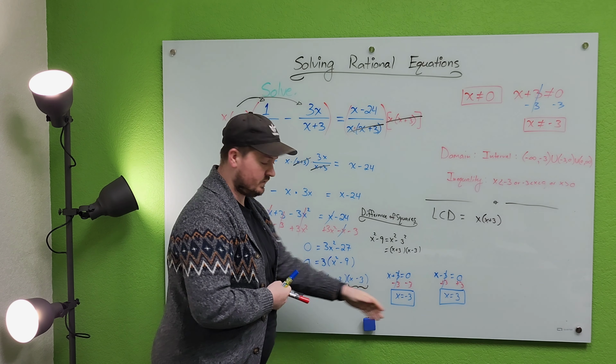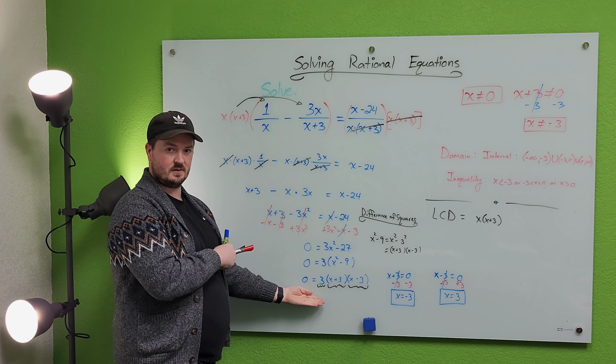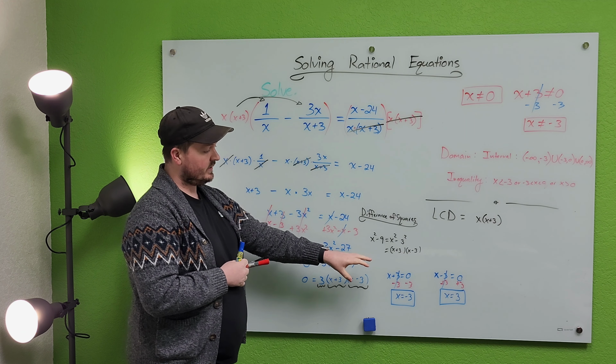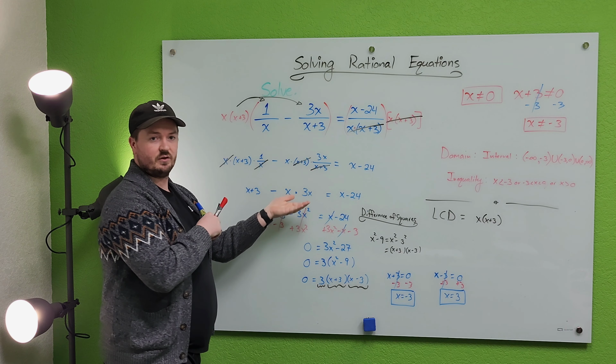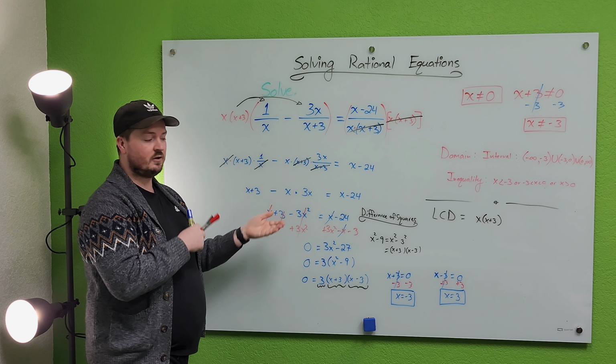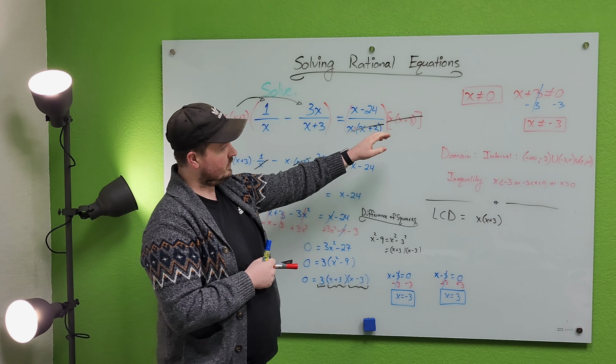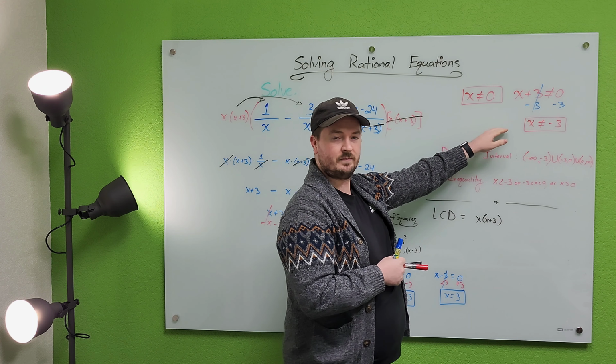Now both of these values make this true. That's clear, I hope. But these are not guaranteed to be the solution to the original equation until we compare these values to the values that are restricted.